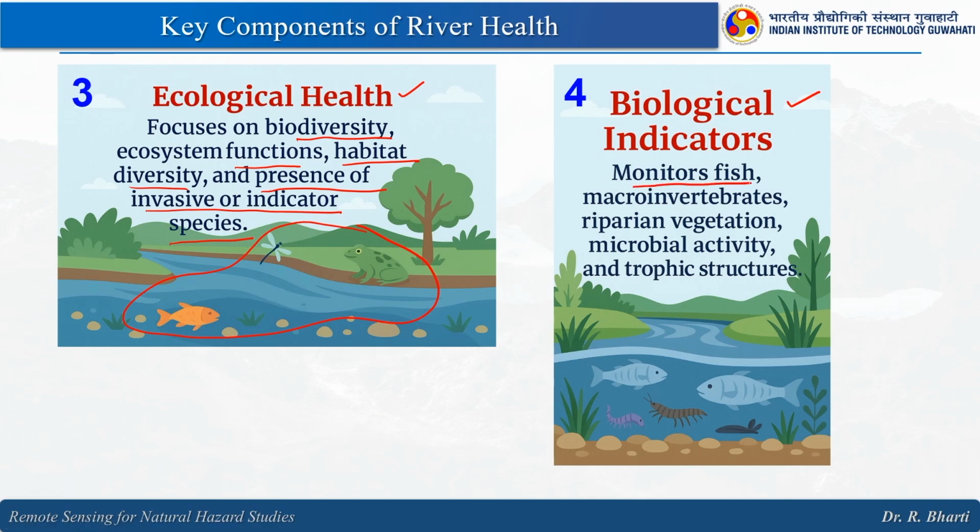Here we try to monitor fishes, microinvertebrates, riparian vegetation, microbial activity and trophic structures, right. These four are the key components of river health. They are the indicators of whether a river is towards a degraded form, recovering its original state, or in the normal state.